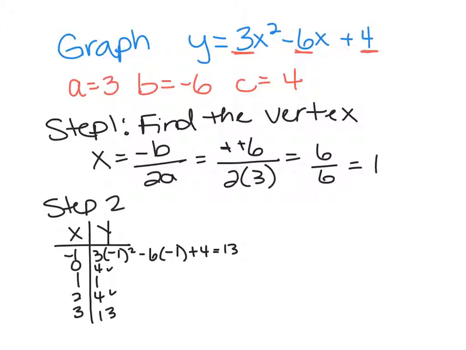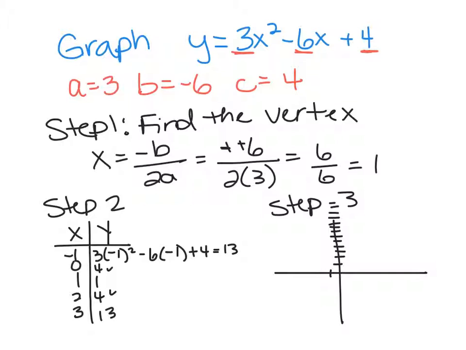So then step 3 is to graph. So we're going to start with negative 1, so go left 1, up 13: 6, 7, 8, 9, 10, 11, 12, 13. Alright, 0, 4, over 0, up 4. Then 1, 1, over 1, up 1, and then 2, 4, and then 3, 13.